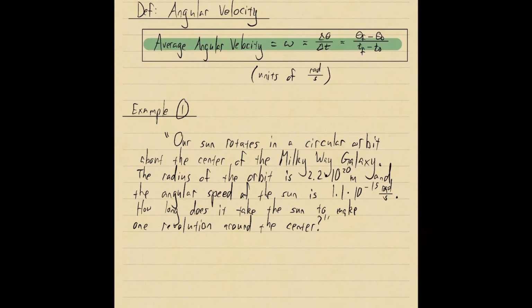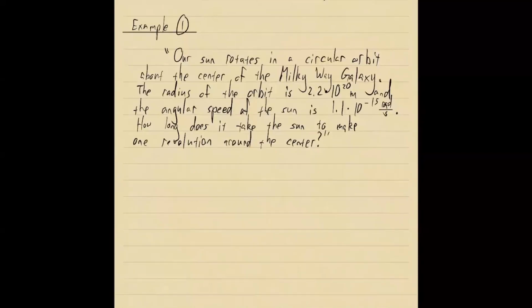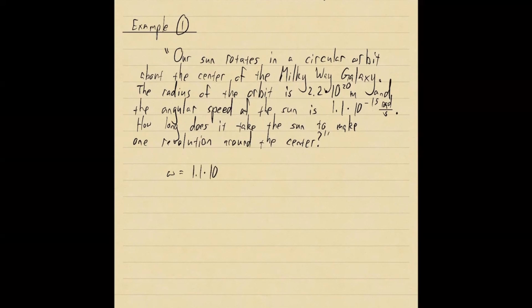Well, let's write down what we know. The problem tells us that our angular velocity for the sun around the Milky Way galaxy center is 1.1 times 10 to the negative 15 radians per second.